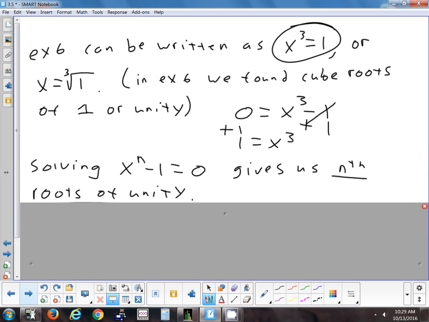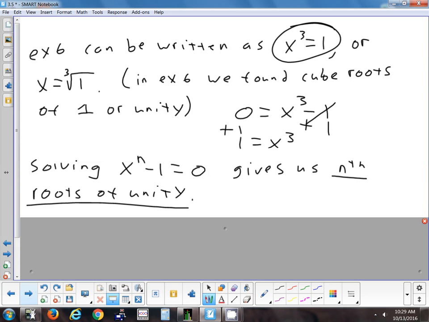So basically, if you set up this equation and plug in a number for the exponent, you are solving for the nth roots of what's called unity. Unity just means 1. So let's say I wanted you to find the 5th roots of 1. You would solve this equation.